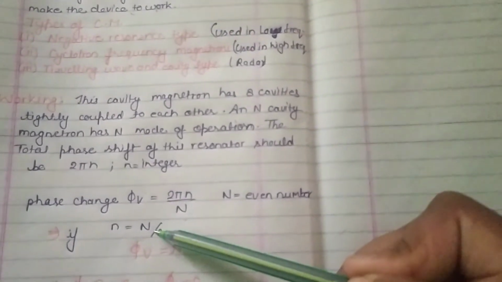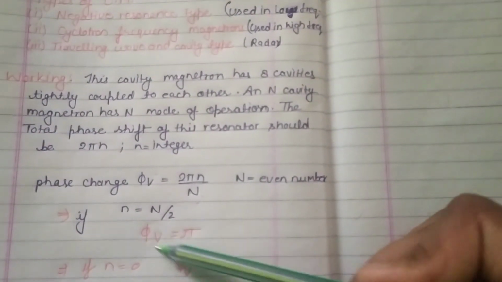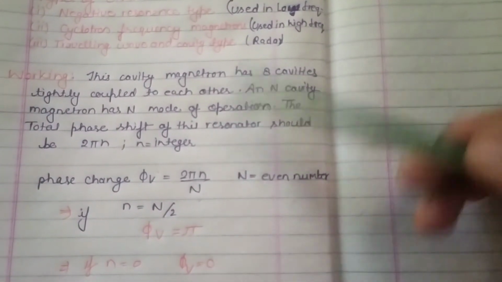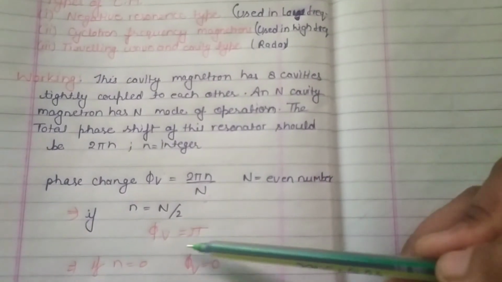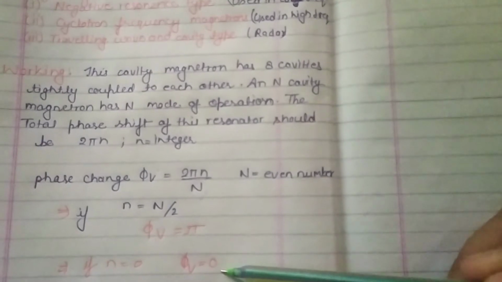If n equals N/2, φv equals π, that means the change in the phase of the outcoming frequency will be π. If n equals 0, then φv equals 0.